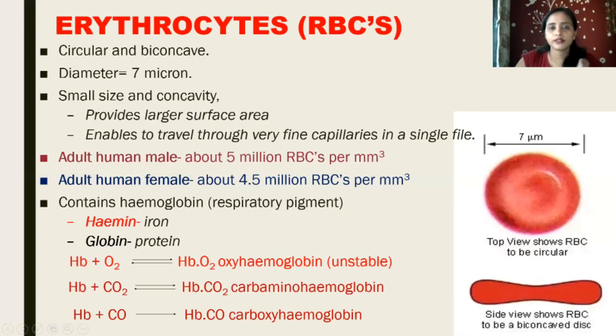And this carboxyhemoglobin cuts down the supply of oxygen. Oxygen is not getting transported to different parts of the body, and this may lead to death. There is one question related to this, that a give reason may be asked, like sleeping near a burning furnace in a poorly ventilated room may lead to death. This is the reason. Okay.